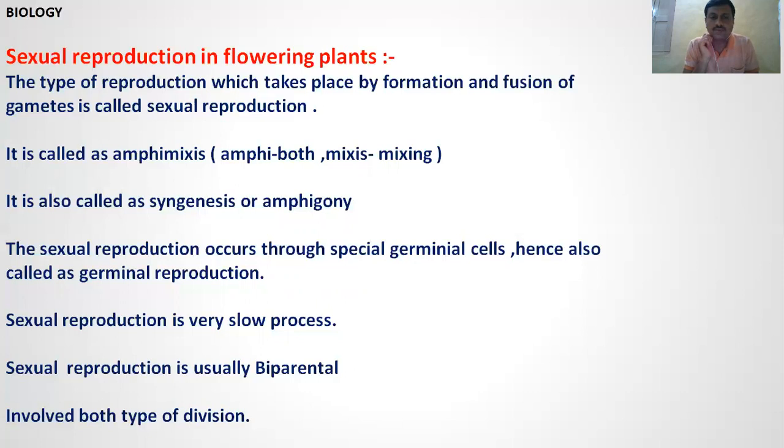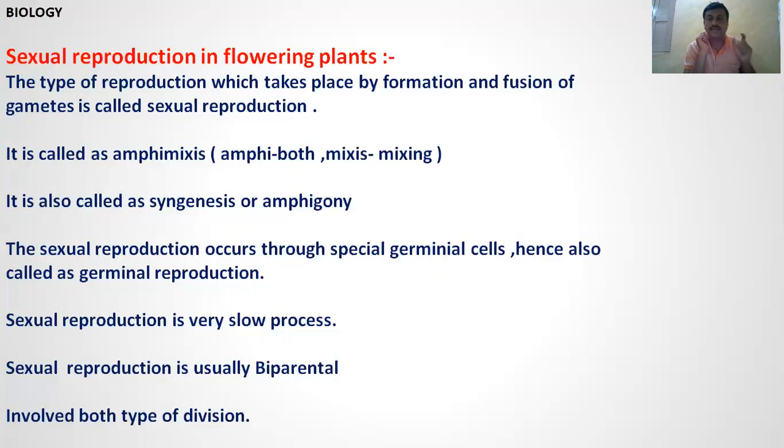And this sexual reproduction is a very slow process because the plant must complete its growth. It develops gametes, the gametes fuse with each other, they develop the seeds, and the seeds produce the new offspring.